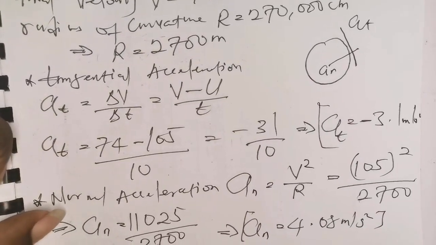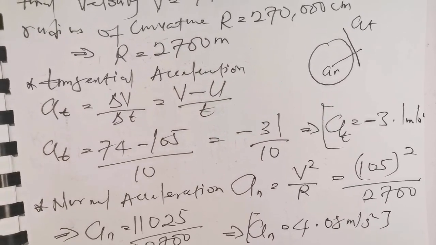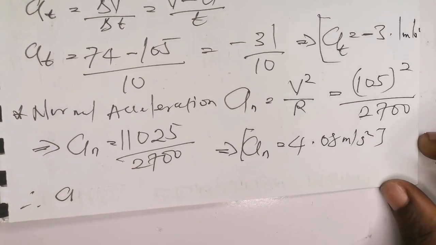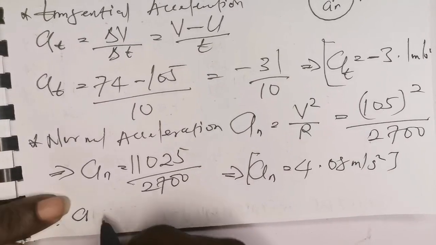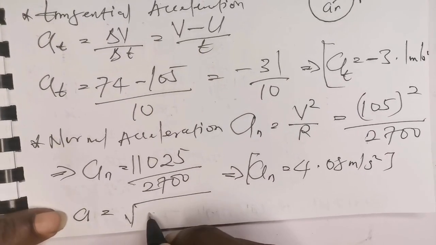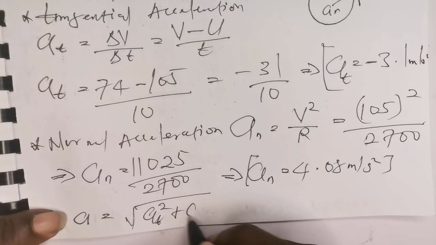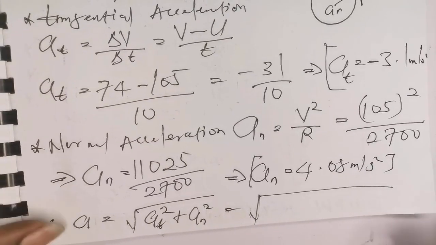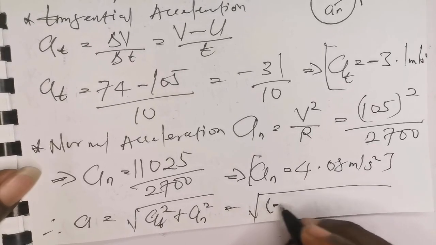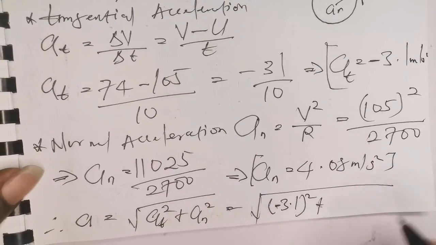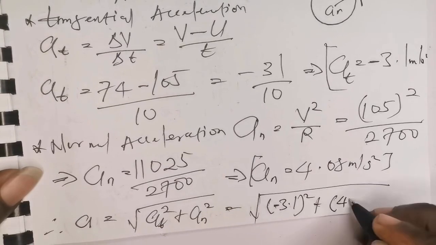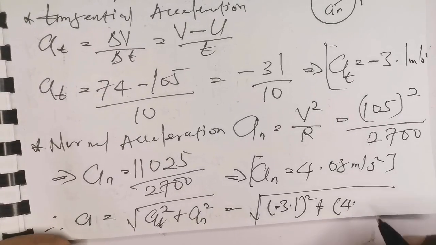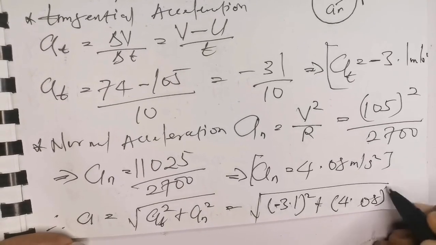Therefore, the magnitude of the acceleration of that car is now given simply as the square root of the tangential acceleration squared plus the normal acceleration squared. So this is equal to the square root of the tangential acceleration, which is minus 3.1, squared, plus the normal acceleration, which is 4.08, squared.